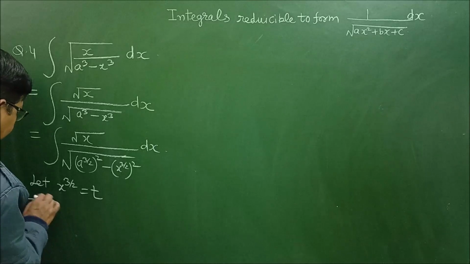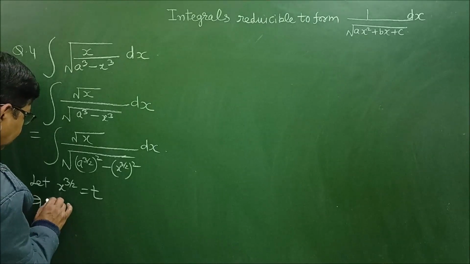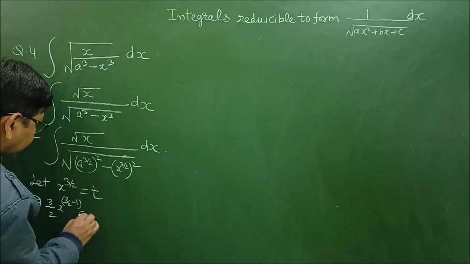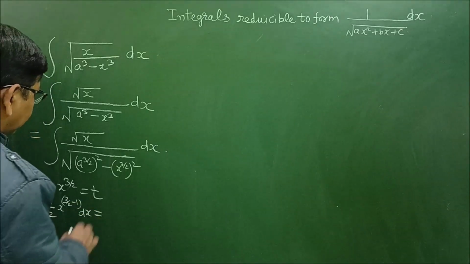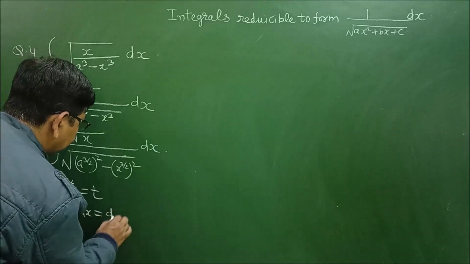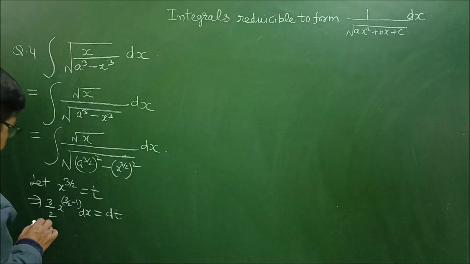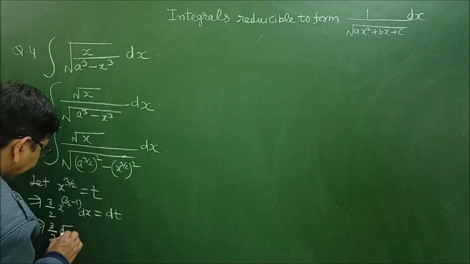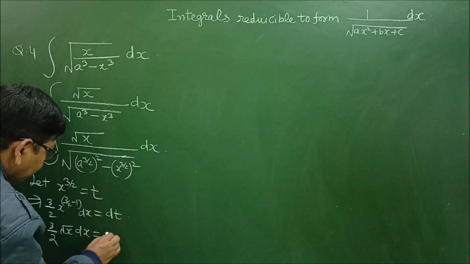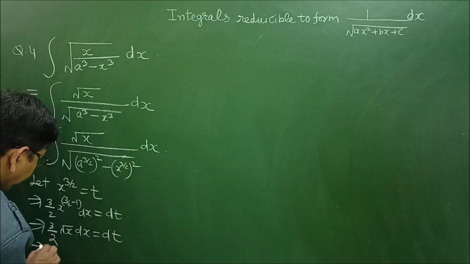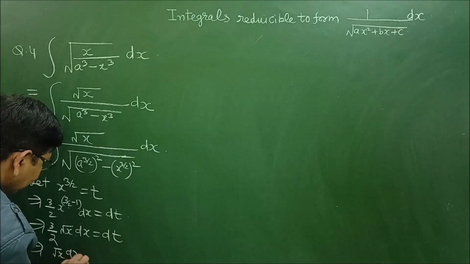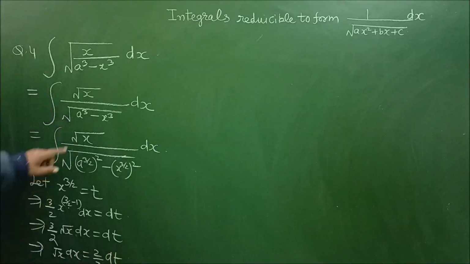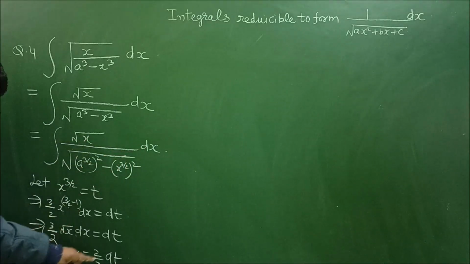So on differentiating both sides with respect to x, 3 upon 2 x raised to the power (3 upon 2 minus 1) dx is equal to dt. So this is equal to 3 upon 2, and 3 by 2 minus 1 is 1 by 2, so root x dx is equal to dt, or root x dx is equal to 2 upon 3 dt. So here we can replace root x dx by 2 upon 3 dt.